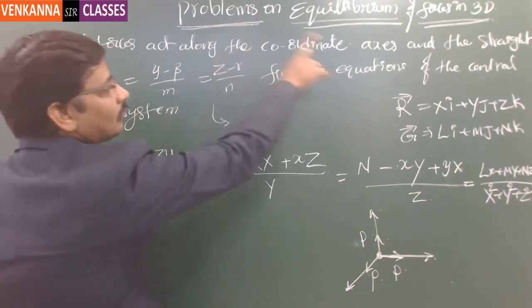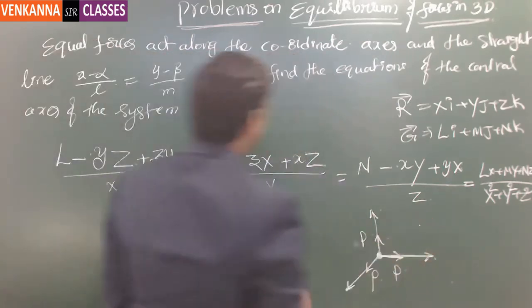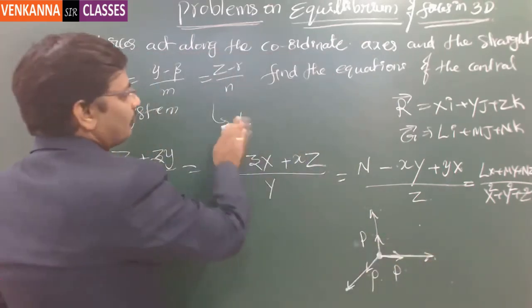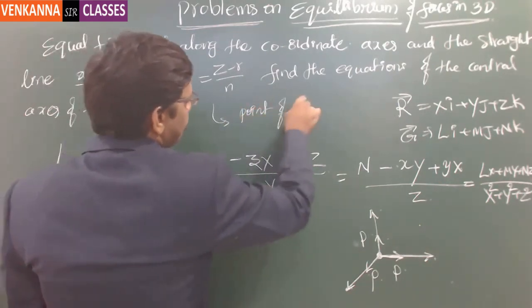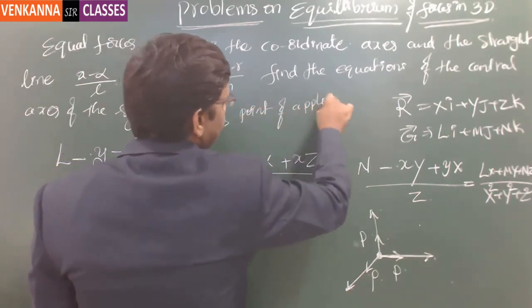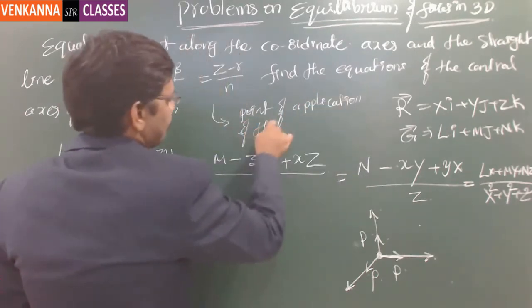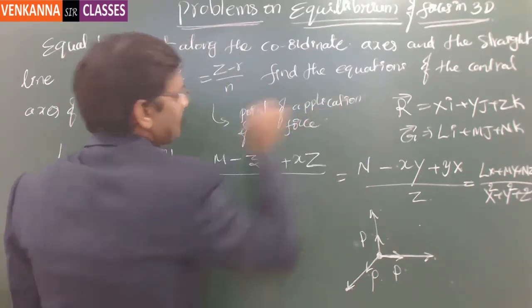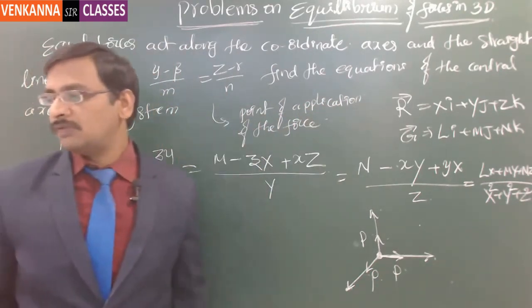So equal forces, so the force magnitude is anyway independent. And then the location of the force, or the point of application of the force. Can you tell me the point of application of the fourth force?